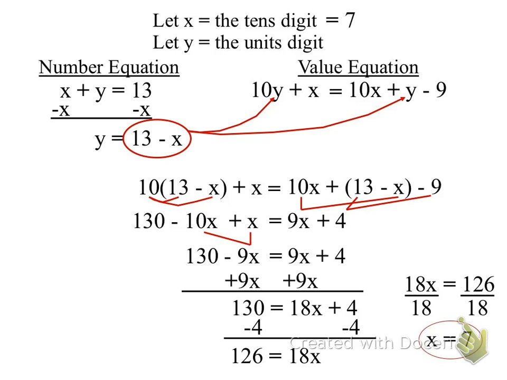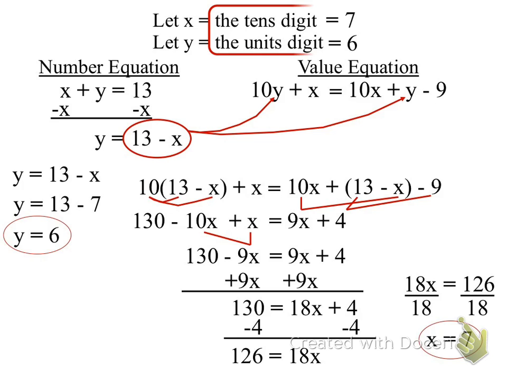And when I substitute into y equals 13 minus x, I get 6. So our original number was 76. Seven's a tens digit. And that's the digit problems for today.